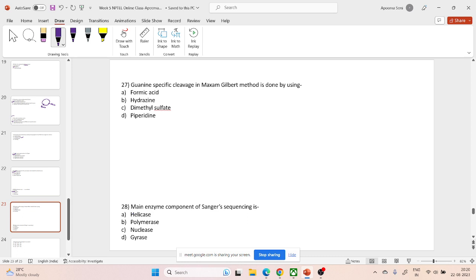The next question is, guanine specific cleavage in Maxam Gilbert method is done by using formic acid, hydrazine, DMSO, pyridine. Guanine specific cleavage. Think, you can go through the slides to answer.